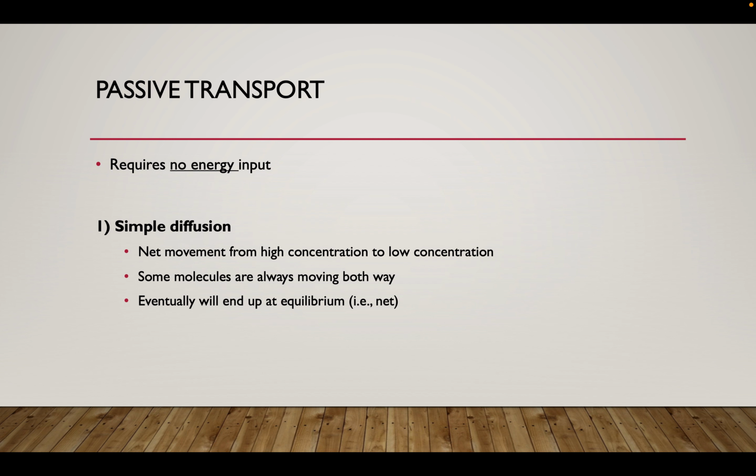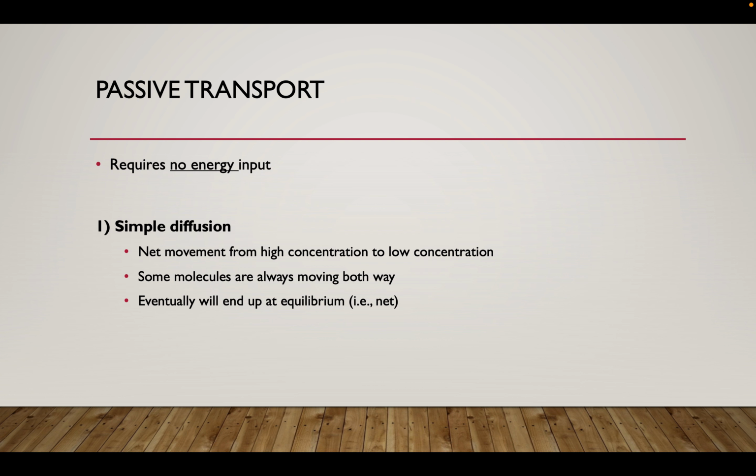Understand, though, that although things are moving from high to low, whatever we're talking about, if it's a particular solute, like sodium or potassium, there's also always a little bit moving in the opposite direction. So most is moving high to low, and some of it will move from low to high, back and forth. But the idea is that overall, we end up at equilibrium.